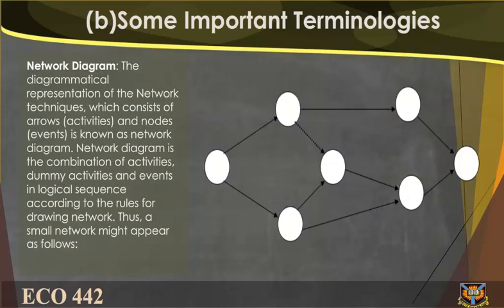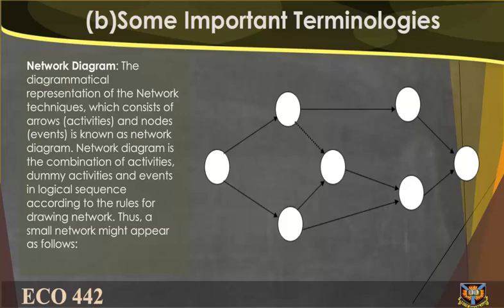Network diagram. The diagrammatical representation of the network techniques, which consists of arrows, activities, and nodes, events, is known as a network diagram. A network diagram is the combination of activities, dummy activities, and events in logical sequence according to the rules for drawing networks.